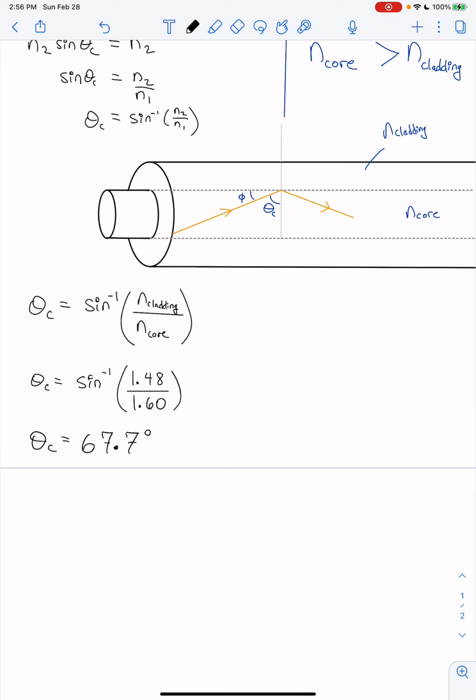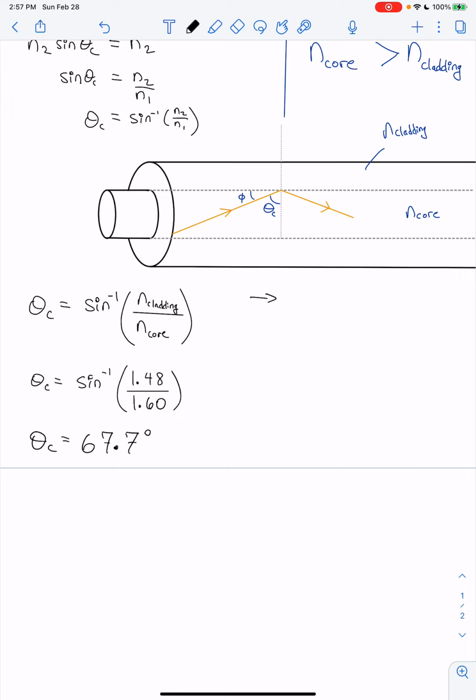Good enough. Okay, but that is not what we're asked for. That's the critical angle, but we're actually looking for what I've denoted as this phi term.